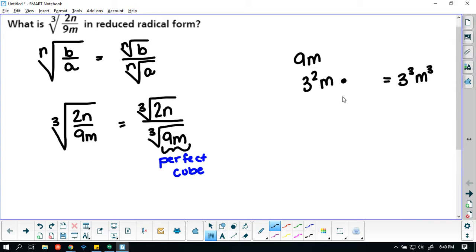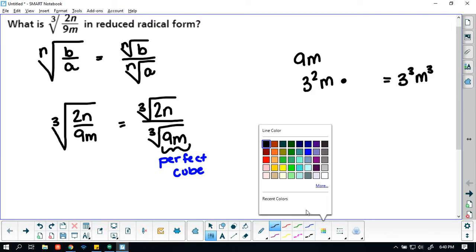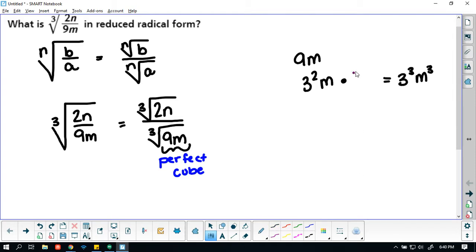That means I'm not doing 9 times 9 squared to get 9 cubed. All I have to do is multiply this 3 squared by another 3 to get 3 cubed. I'm going to choose this purple. So 3 squared times 3 will give us 3 cubed.